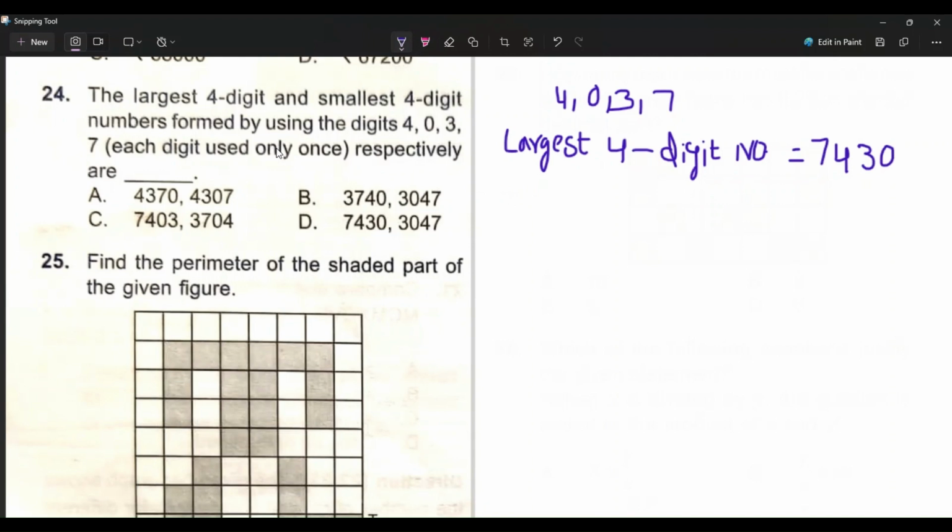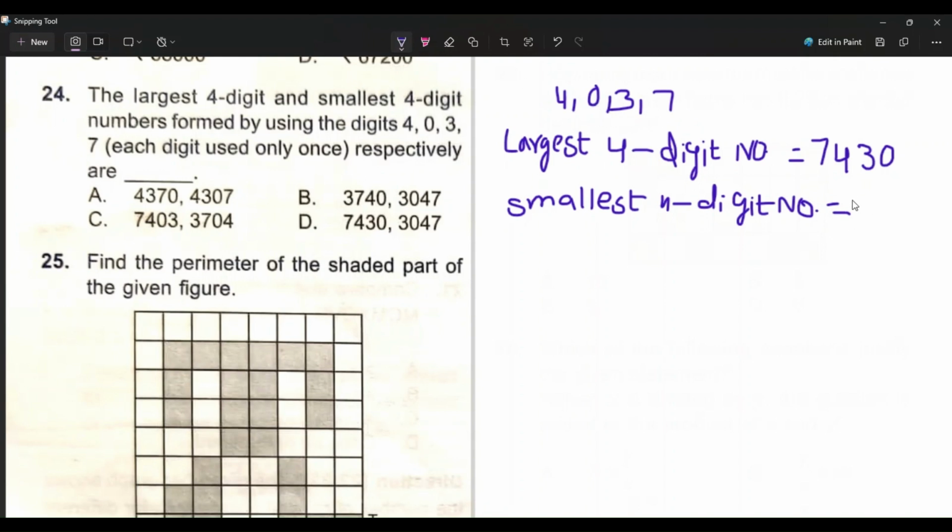Then smallest 4-digit number. Smallest 4-digit number is equal to number to be arranged in the ascending order, but 0 must not be the first. If we write 0 in the front, it becomes a 3-digit number.